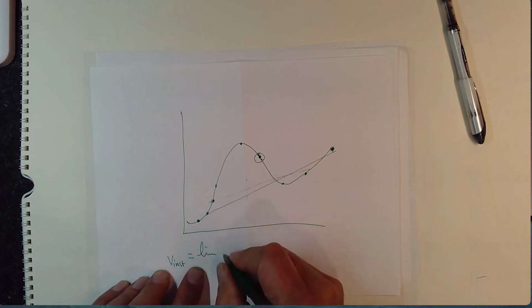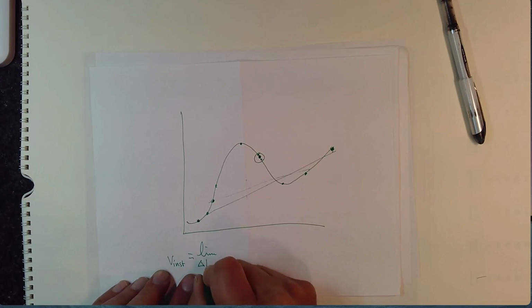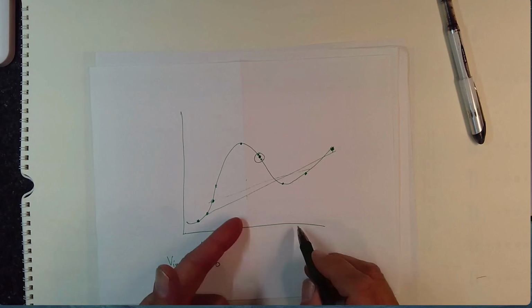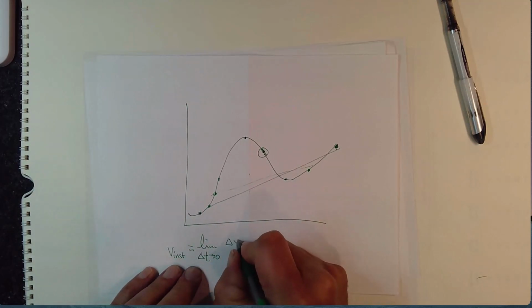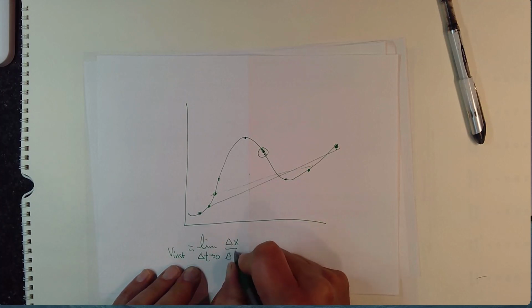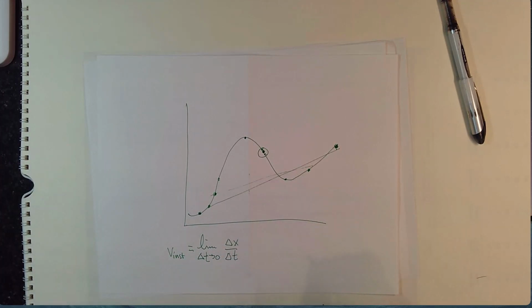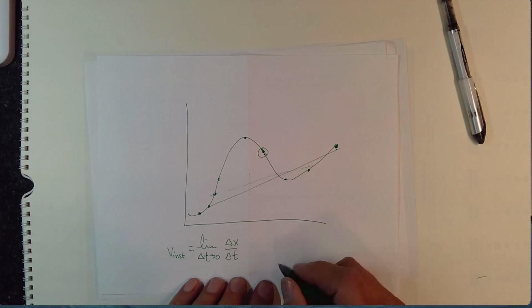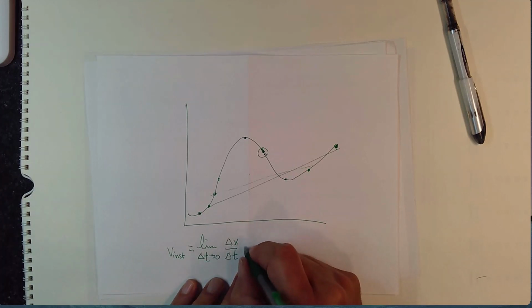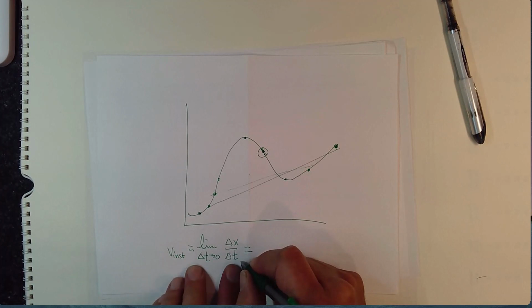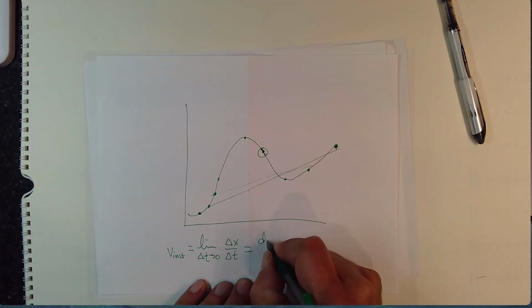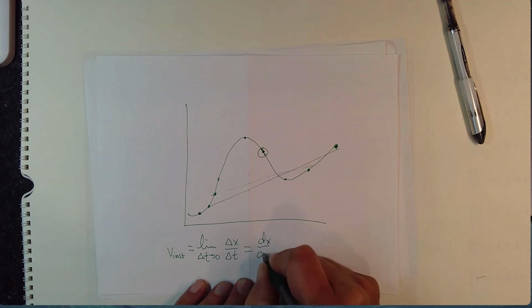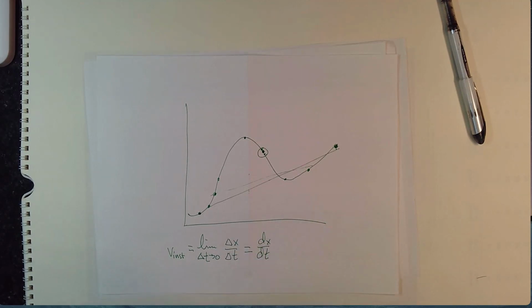It's equal to the limit as delta t goes to 0, the thing on the horizontal axis goes to 0, of delta x over delta t. And soon you'll be doing these things in calculus if you haven't done it before. And this is what's called a derivative when you calculate a limit like that. And dx/dt is the shorthand notation for this thing.